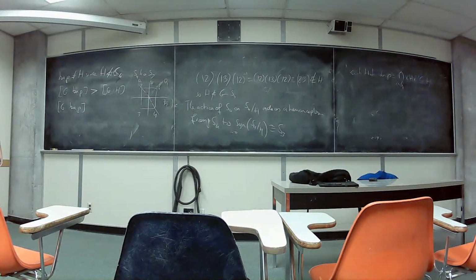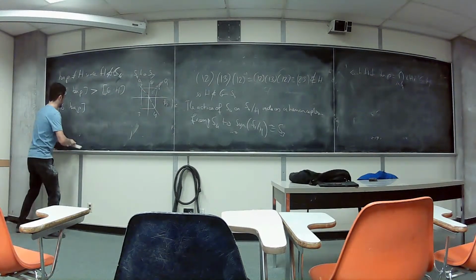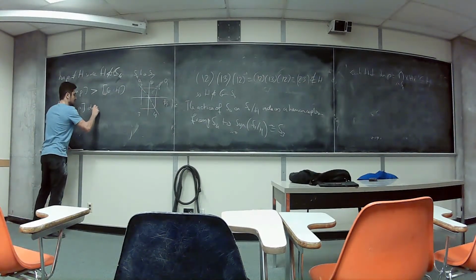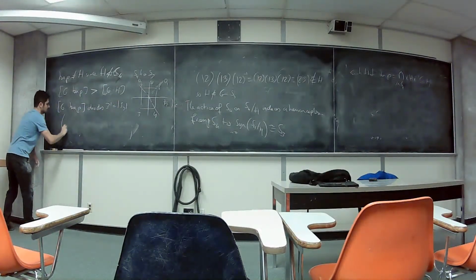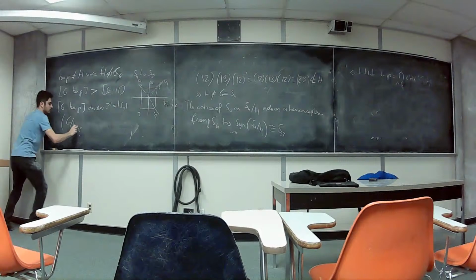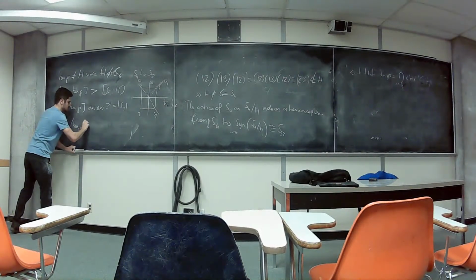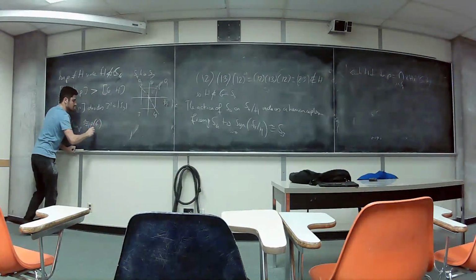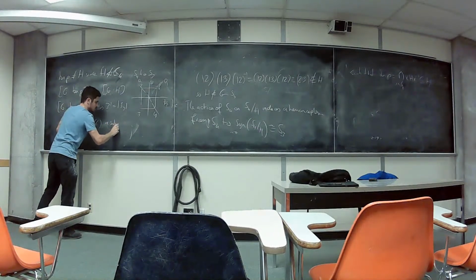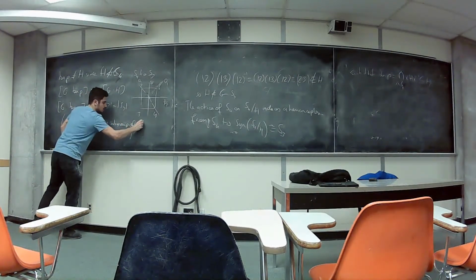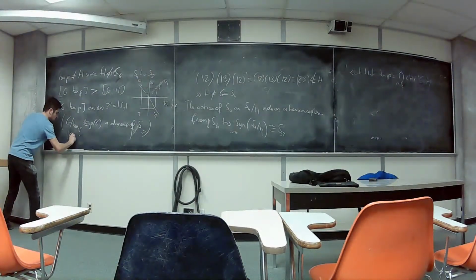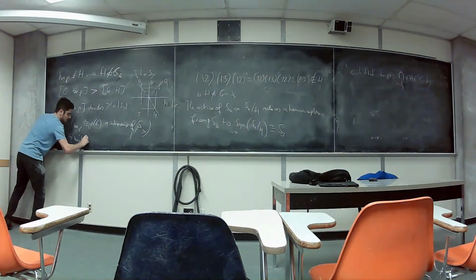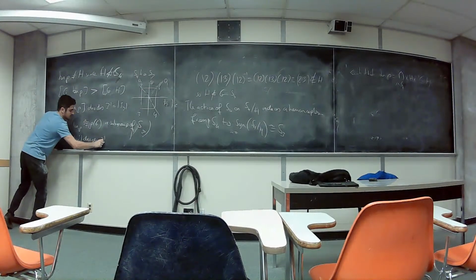Are we good? G mod kernel divides 3 factorial, the size of S3. Why is that? Since G mod kernel is isomorphic to rho of G, a subgroup of S3. So the size of G mod kernel divides 3 factorial.